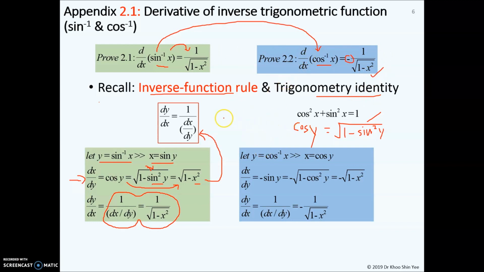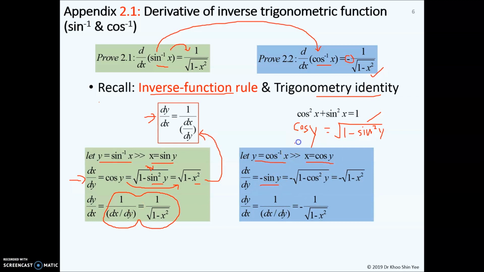So in this case, to find the dy over dx, it will be very difficult because your y is arc cos x. So let y equal to arc cos x, and when we inverse it, you get x equal to cos y. Take the dx over dy, you get negative sine y.